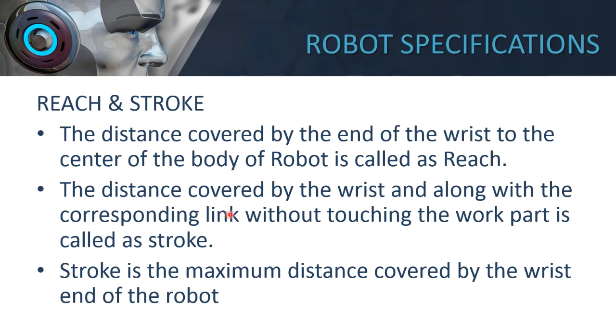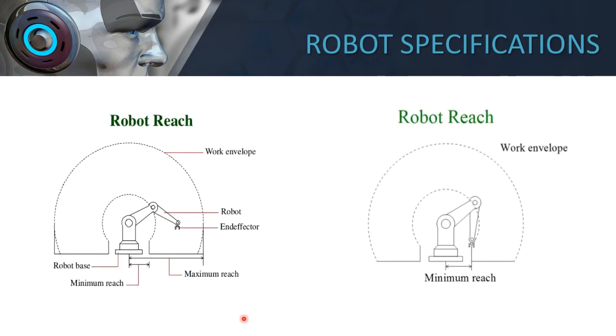And then the distance covered by the wrist along with the corresponding link without touching the work part is called stroke. So stroke is the maximum distance covered by the wrist end of the robot. Now in this figure you can clearly understand what is a stroke and what is the robot reach. Here you can see the end effector, the tip of the end effector along with the center distance.